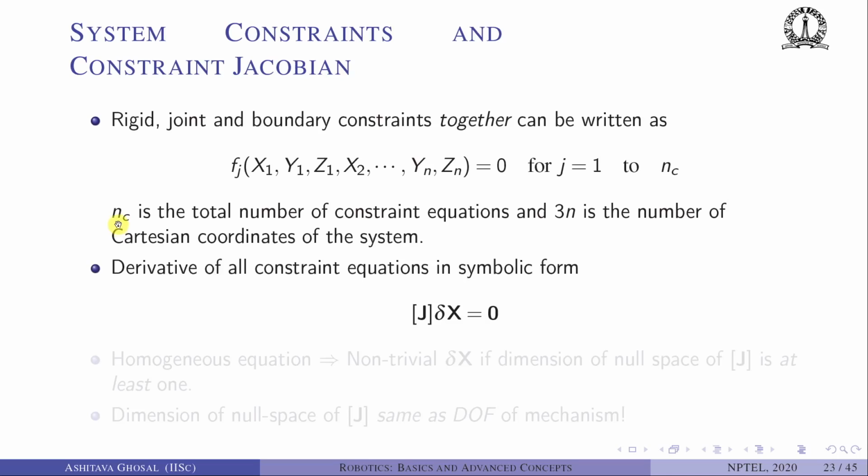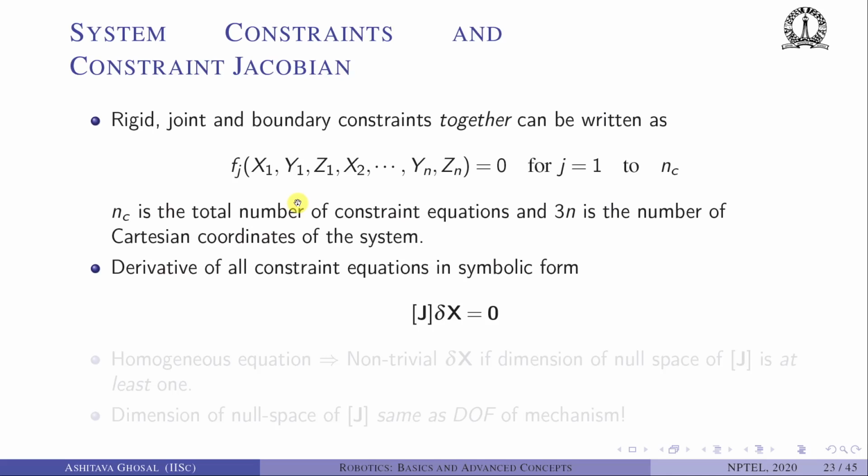So what we can do is we can take the derivative of these NC equations and write in a symbolic form, which is J into delta x equal to 0. So delta x means delta x1, delta y1, delta z1, and so on. And J is the partial derivatives of these functions f of j with respect to each one of these variables x1, x2, x3, and so on.